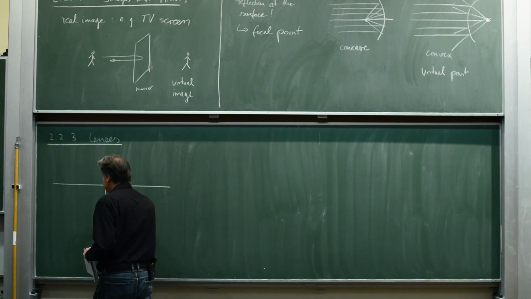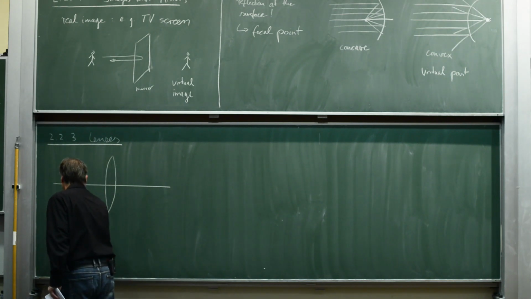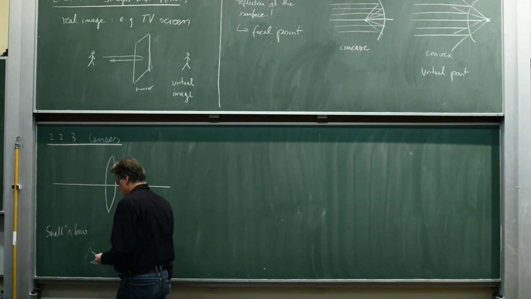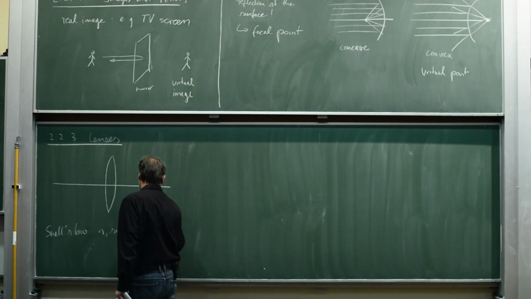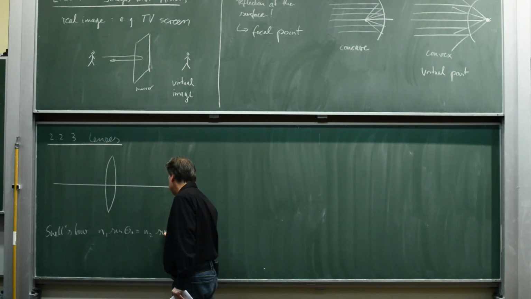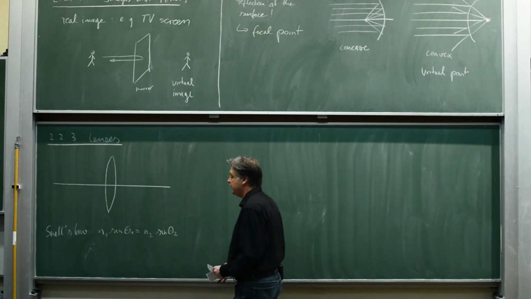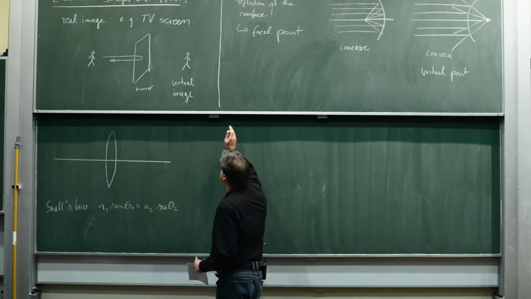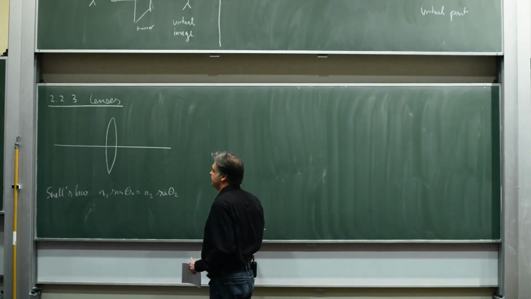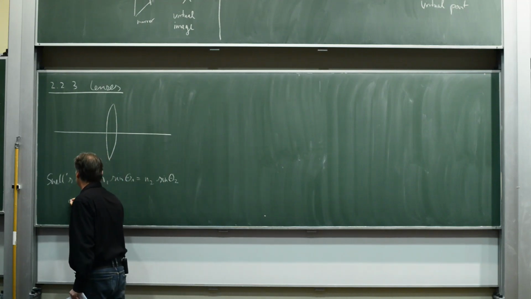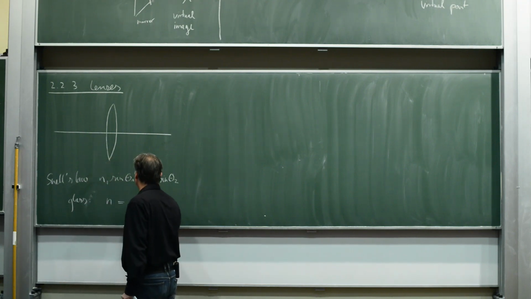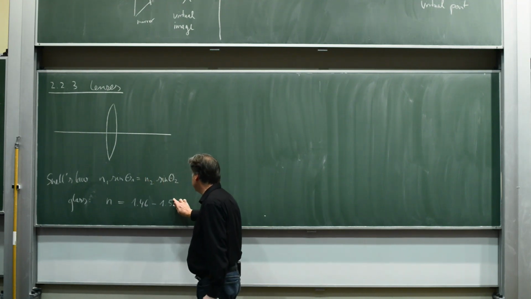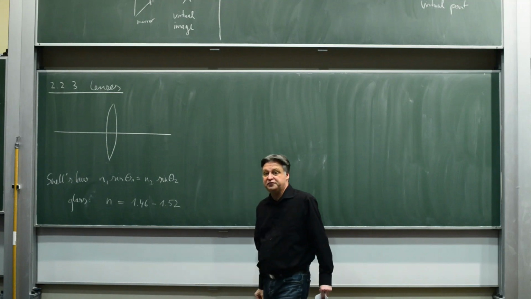We have Snell's law: n1 sin theta 1 equals n2 sin theta 2, and our index of refraction of glass n is between 1.46 and 1.52, depending on the type and quality of the glass.